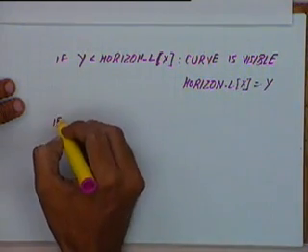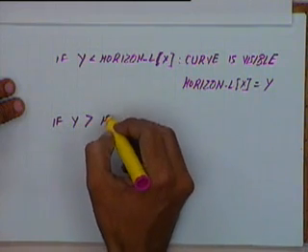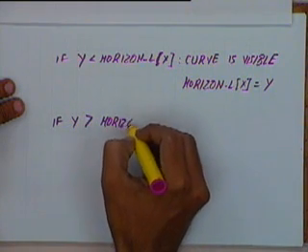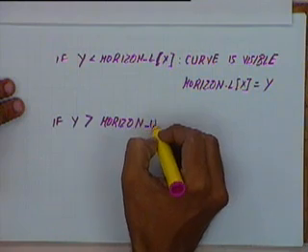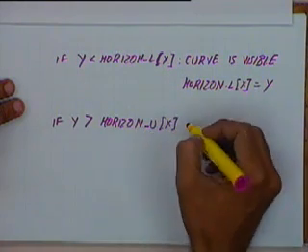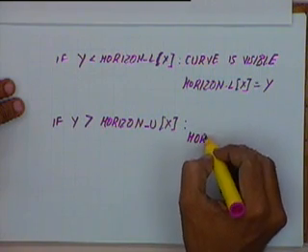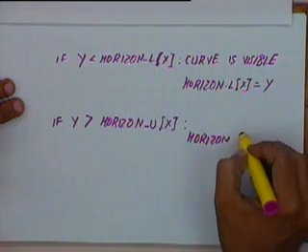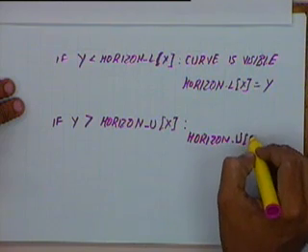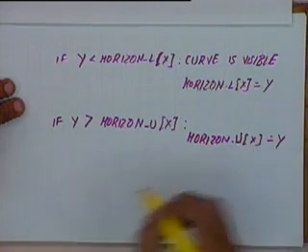Okay, and if y is greater than the horizon upper, sorry, then of course the curve is visible, and we will say horizon upper of x will be equal to y.